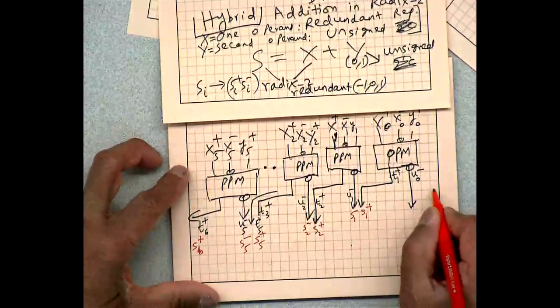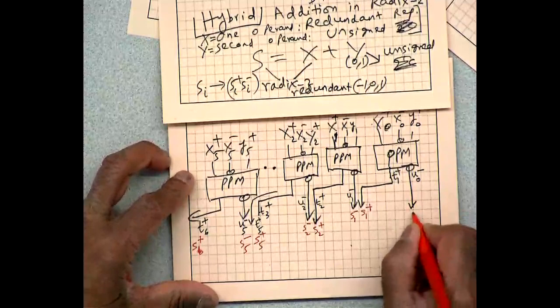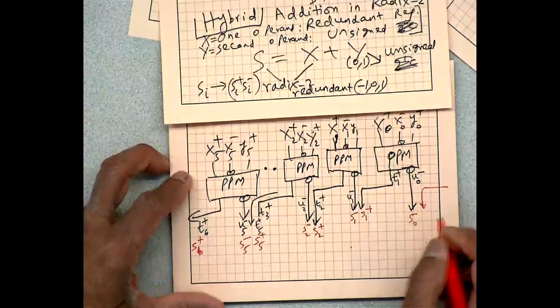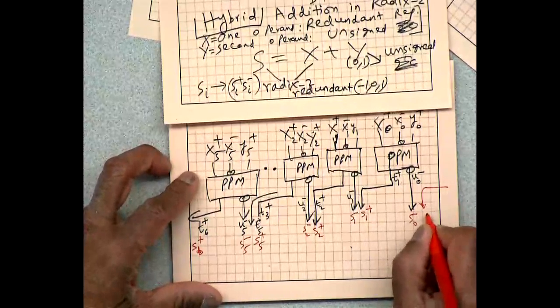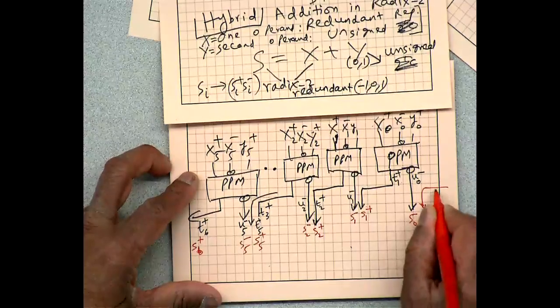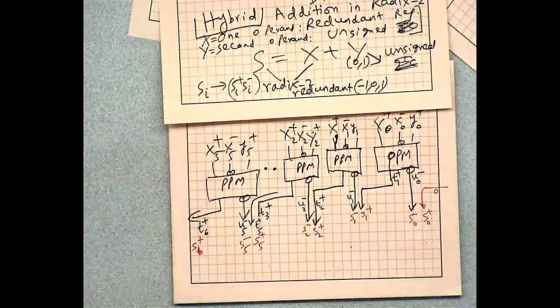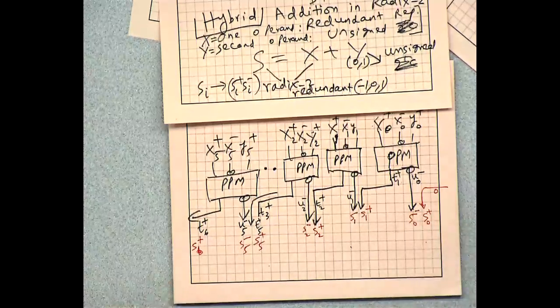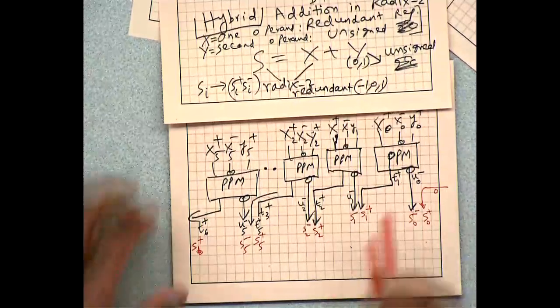And similarly here, I didn't show this, S0 minus, but we can think about a dummy S0 plus to be 0. So we can assume there is a 0 input, which is a dummy input, and that's S0 minus. Okay, so that's going to be the output.